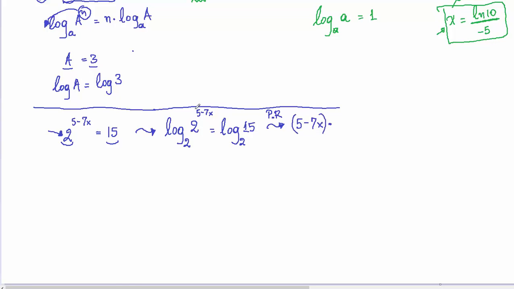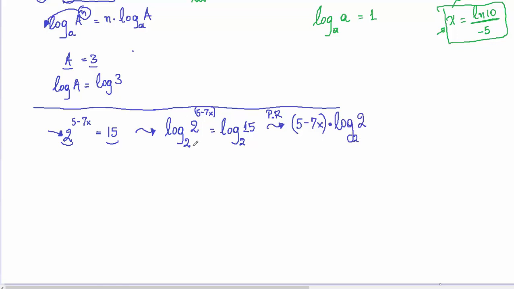It is important to put this in parentheses if it is more than one term. It is important because otherwise when you multiply, you may forget and multiply only one of the terms of your exponent with the logarithm. So you have now this times log with base 2 of 2.